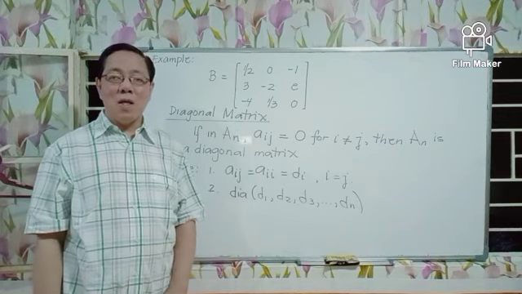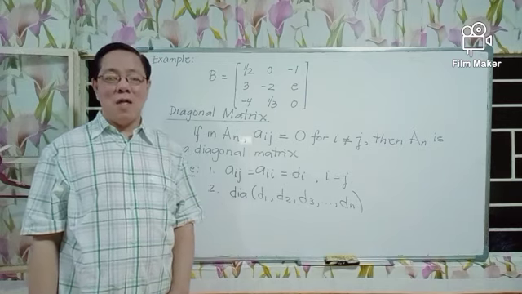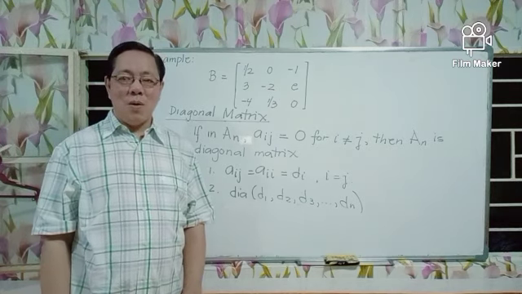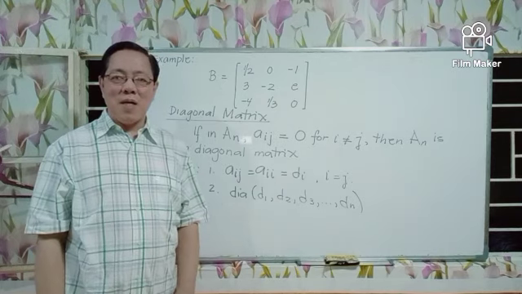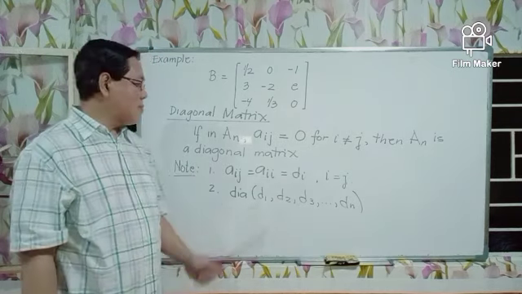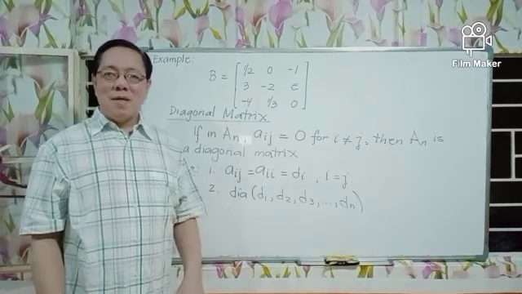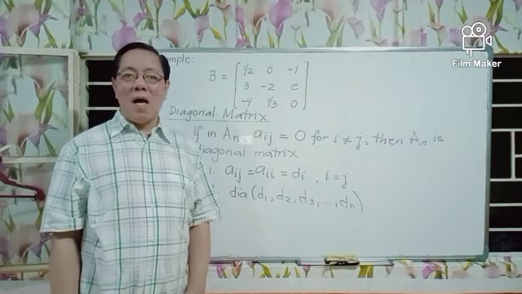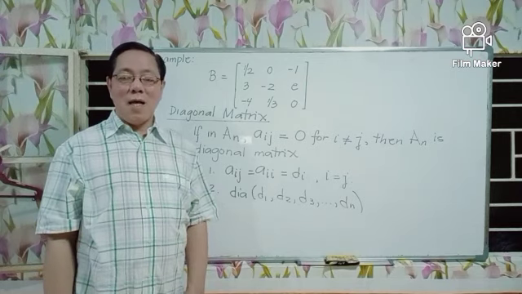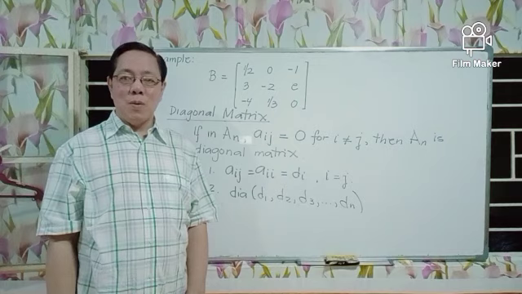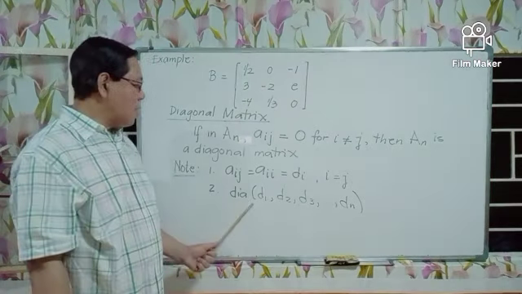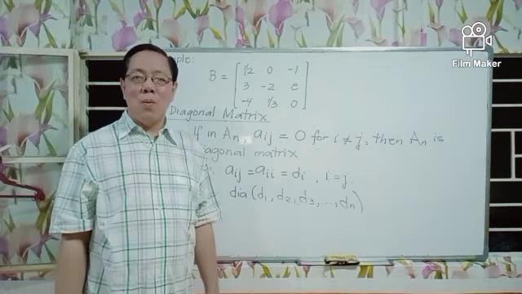If they are all equal to 1, then the matrix is called an identity matrix denoted by capital letter I with subscript n. Thus, an identity matrix I sub n is a square matrix. It is a diagonal matrix whose non-diagonal entries are 0, but the diagonal entries are all 1.